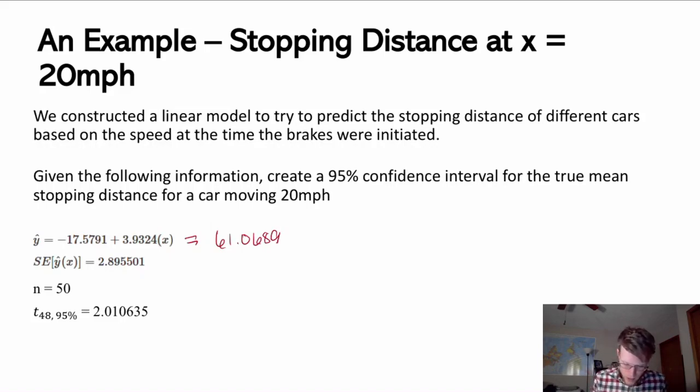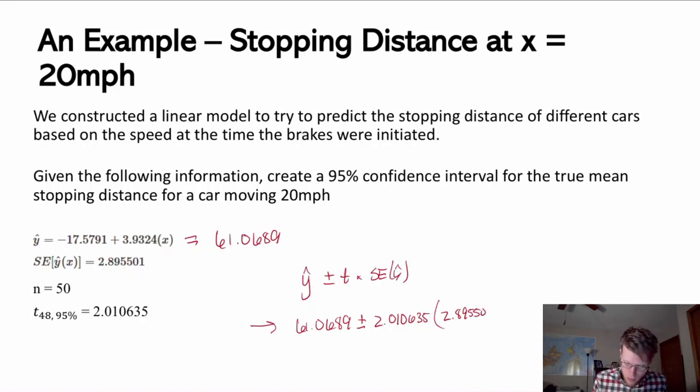So then my interval is going to be y hat plus or minus t times the standard error of y hat. So that's going to be 61.0689 plus or minus 2.010635 times this 2.895501 value.